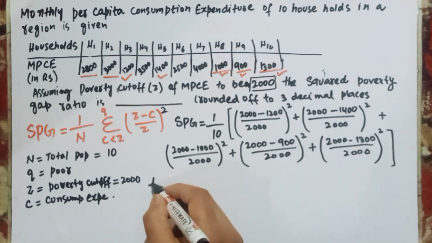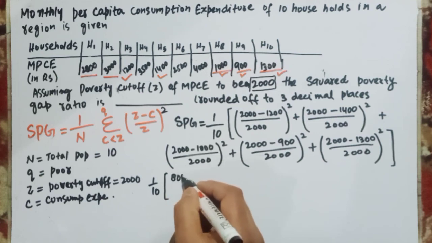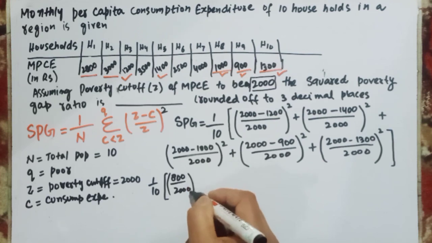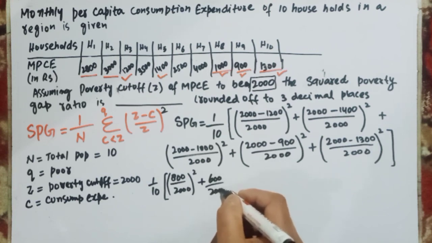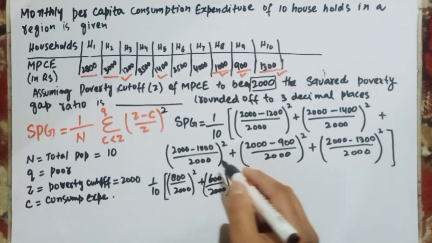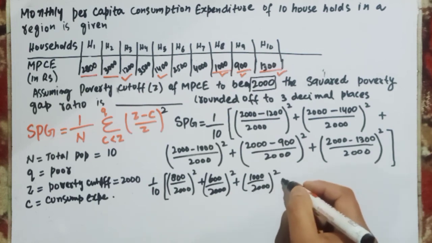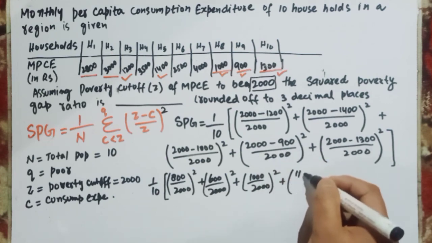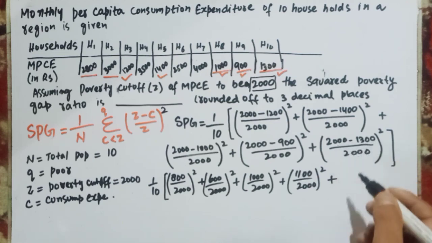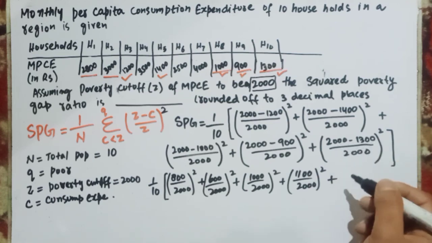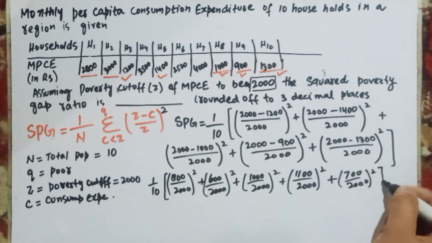So we have 1 upon 10, then 2000 minus 1200 comes out to be 800, so 800 upon 2000 squared, plus 2000 minus 1400 comes out to be 600 upon 2000 squared, plus 2000 minus 1000 comes out to be 1000 upon 2000 squared, plus 1100 upon 2000 squared, plus 2000 minus 1300 comes out to be 700 upon 2000 squared.